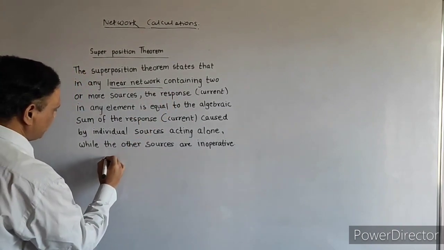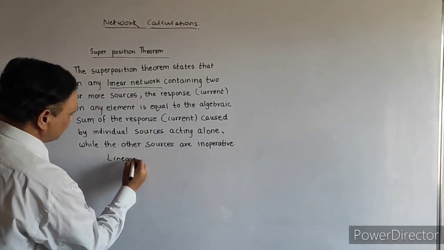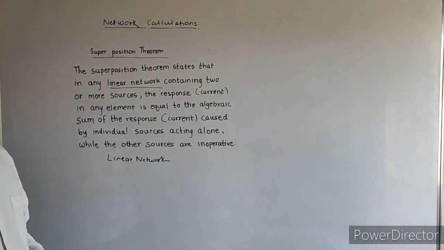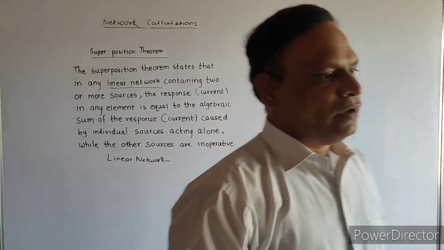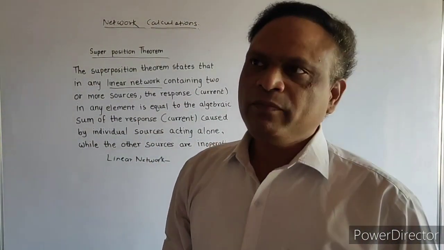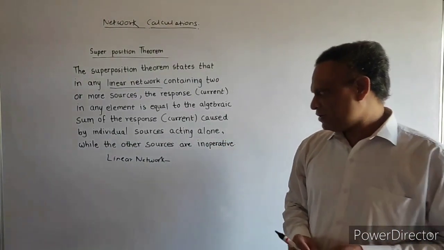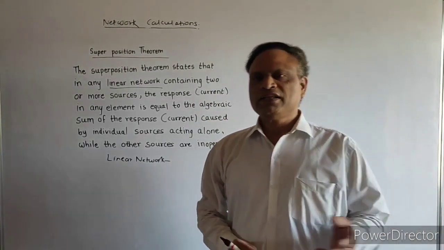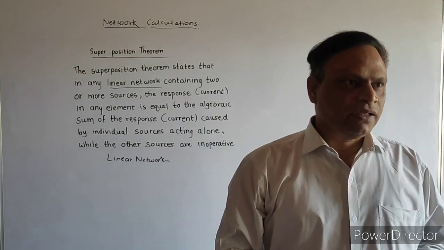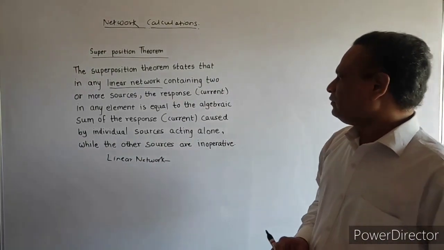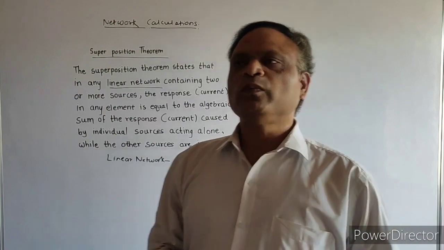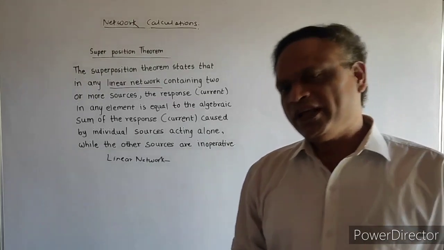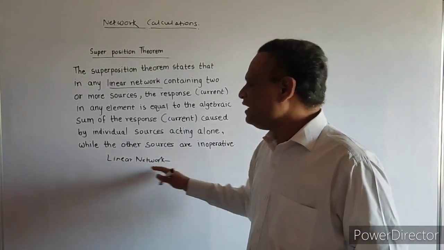In the definition they may ask you, what is a linear network? A network whose behavior will not change with respect to change in time, temperature or voltage. That means our elements like resistance, inductance and capacitance, their behavior does not change with respect to time, temperature and voltage, then this will be called a linear network.